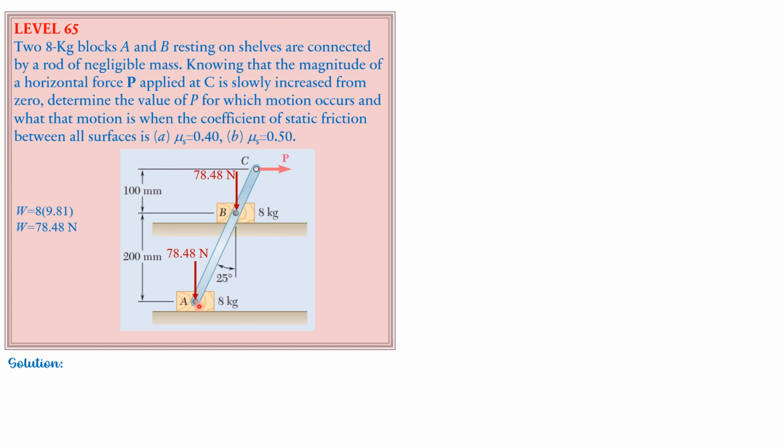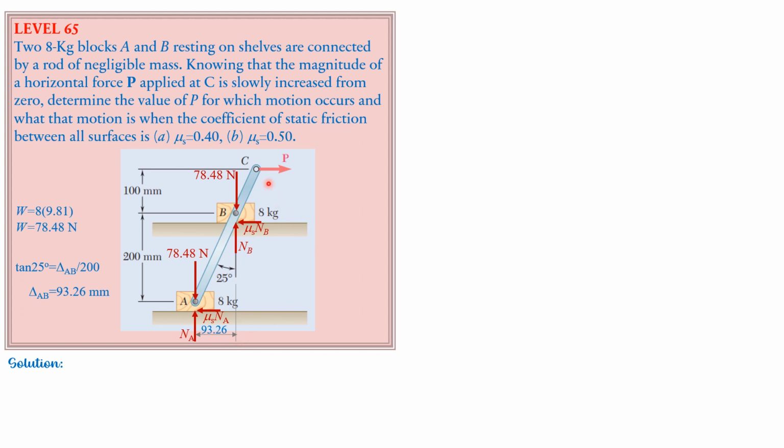Then normal reaction at A, friction which is to the left, mu sub s times NA. Then normal reaction at B, NB, friction to the left, mu sub s times NB. So that means delta AB is 93.26 mm.